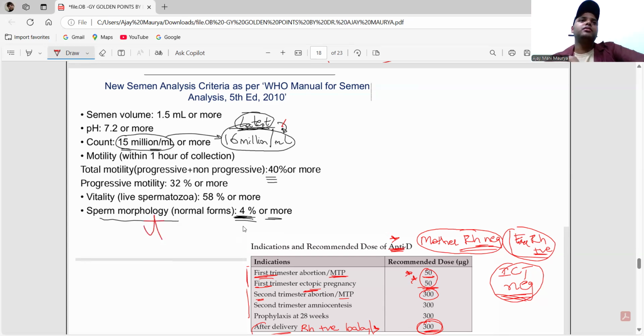Morphology 4%. Next, total motility is more than 40%. Remember, guys, the count will not be 15, it is 16. 16 is the latest one. Please remember this one.